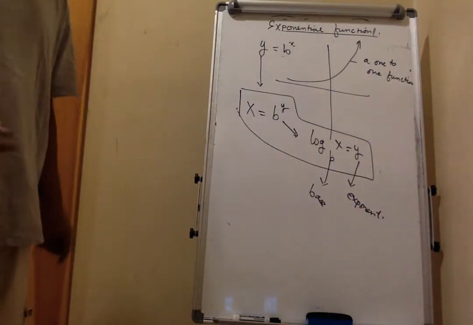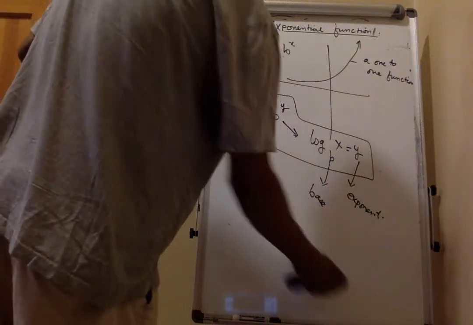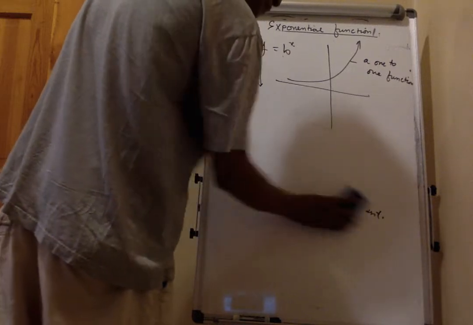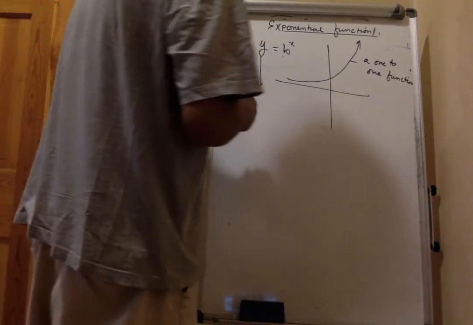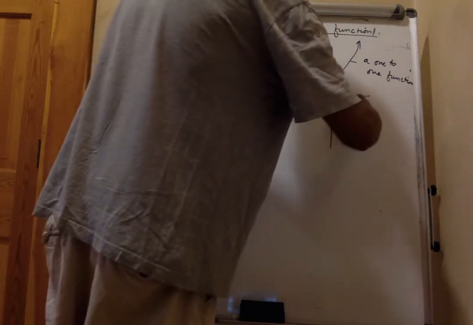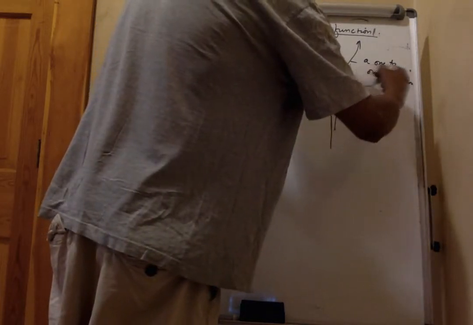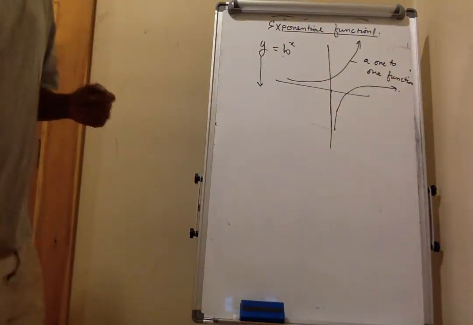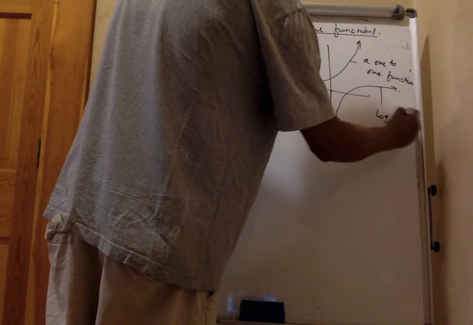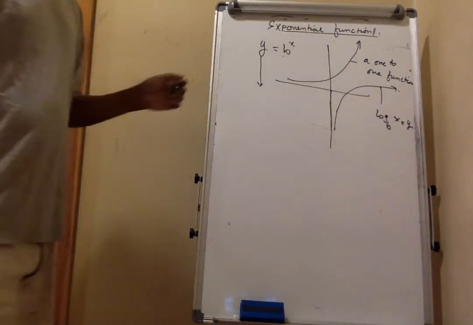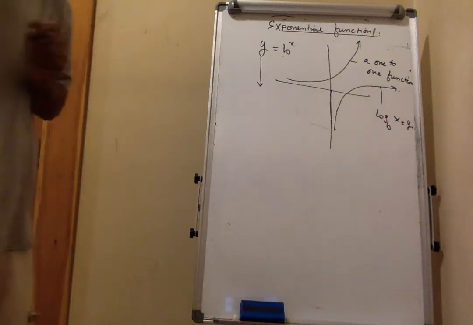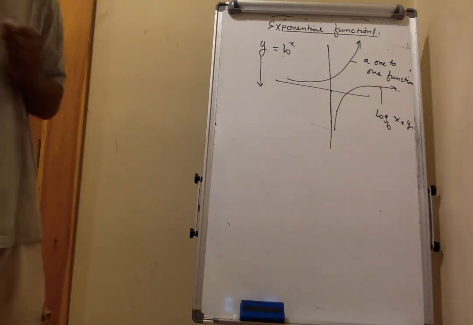And if you do the graph of log base b of x or log base 2 of x, you're going to end up with a graph that looks like this. This is the logarithm of x base b is equal to y. And mind you, the exponential function has no x-intercept.